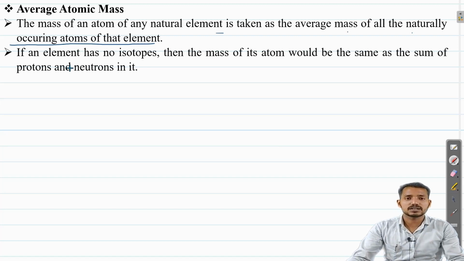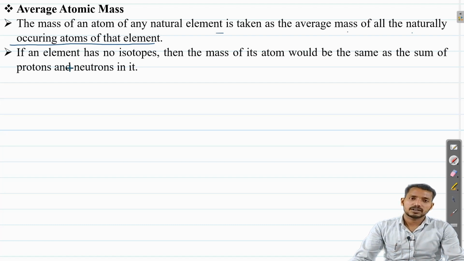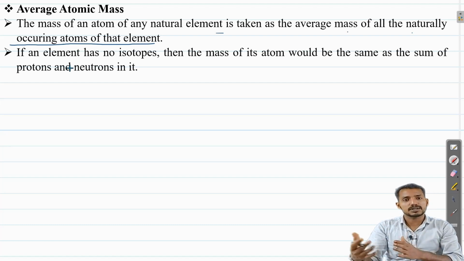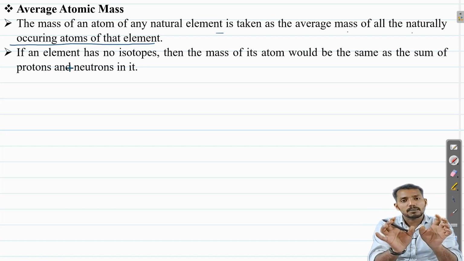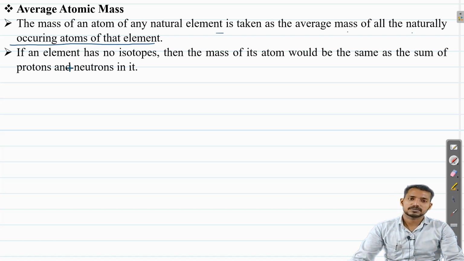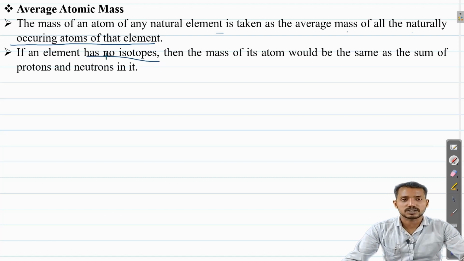There will be confusion whether we need to take 12 or 14. So we cannot take it arbitrarily, 12 or 14. Instead, we will find the average mass based on the abundance or the percentage of each component present in that sample. Clear? And if an element has no isotopes naturally present, then the mass of the atom would be the same as the mass of protons and neutrons.